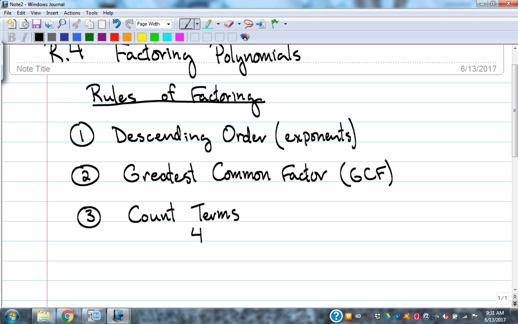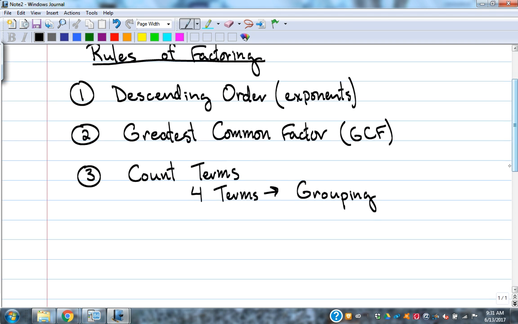If there are 4 terms, you're going to use this method called grouping. And I'm going to teach you how to do each of these methods, or review them. Hopefully you've seen some of these before. If you haven't, it's okay. You can learn them today.